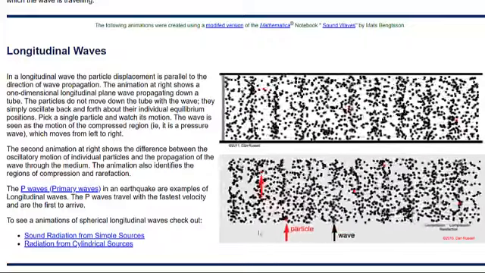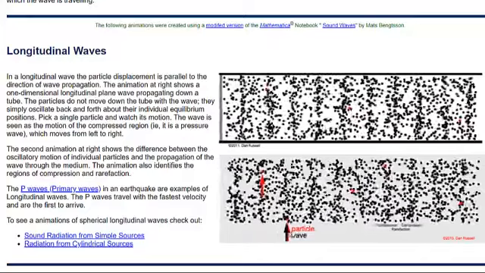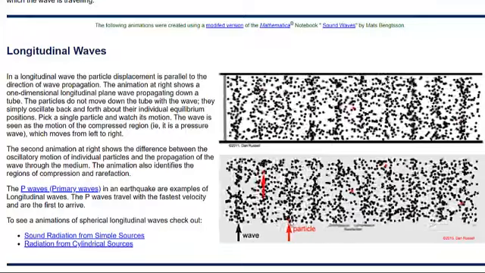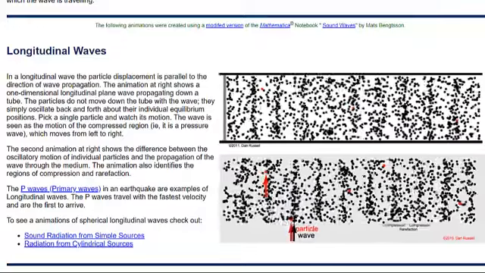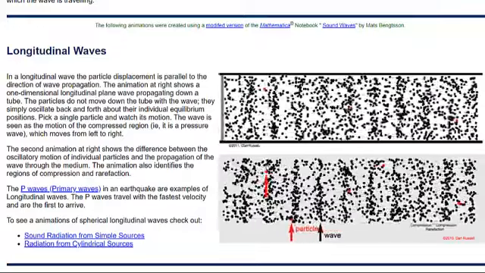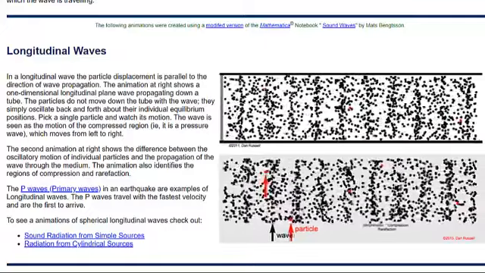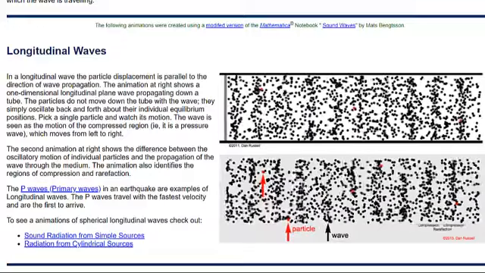Down here you see a better depiction of that, where the wave is propagating, but the particle, here's a little red dot, is moving from left to right. Each particle in here, although it is an optical illusion that makes it look like it's propagating, the actual molecules are just moving backward and forward.